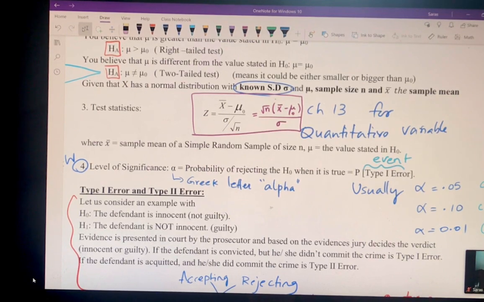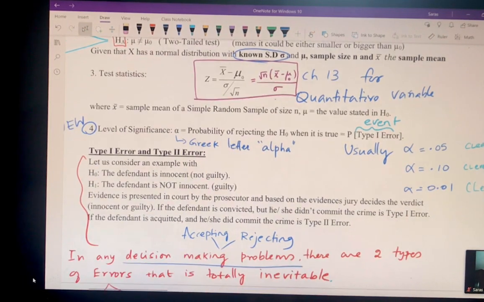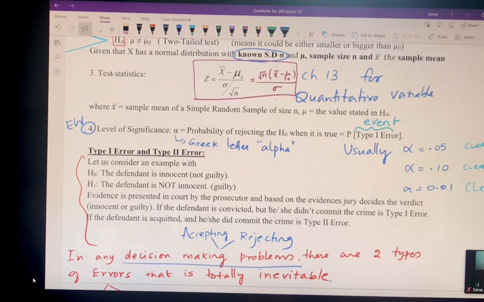Chapter 19 is the application of the central limit theorem for qualitative variable. So that way you can remember how the application is studied in the following two chapters after 13.